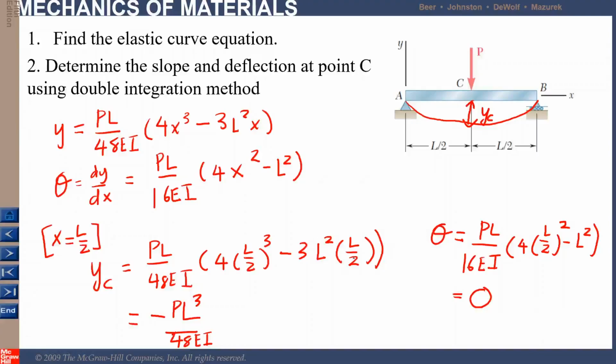This is understandable because for this beam, the maximum value of deflection is happening at C, and the tangent at this point to find the slope is 0. Alright, so this is the end for the first example.